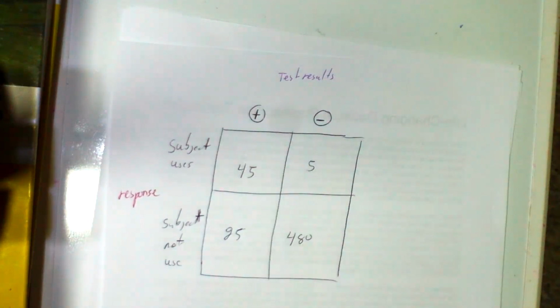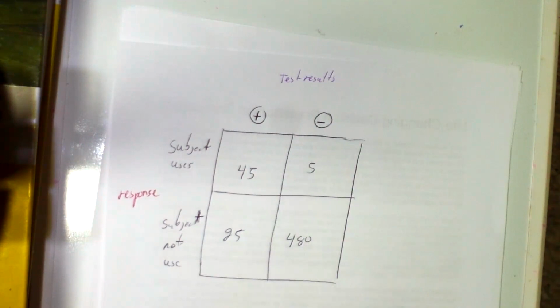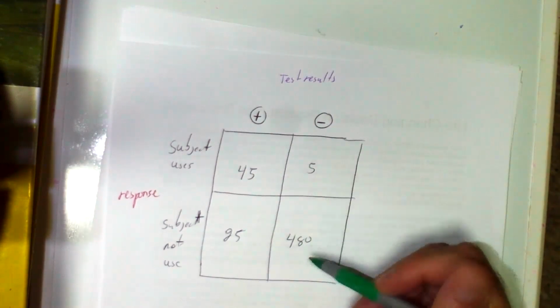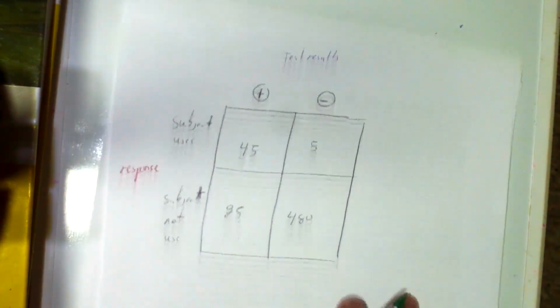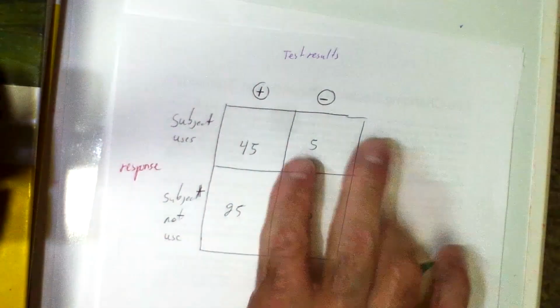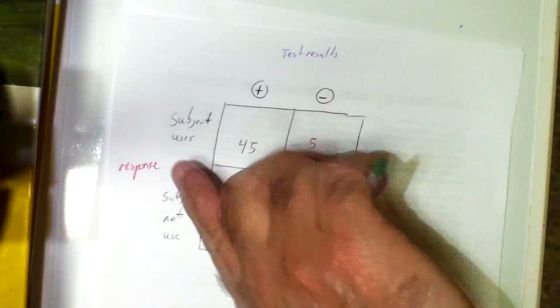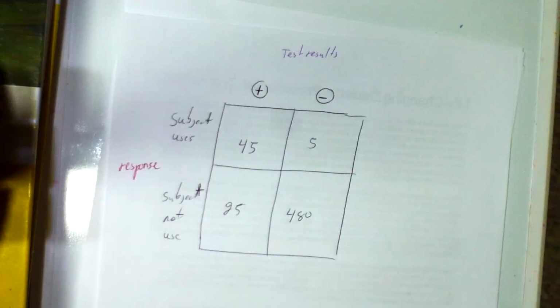All right, so once you know what these numbers mean, when you get a table like this, the first thing you do is you gotta get the totals. You want to get the totals of the columns, and you want to get the totals of the rows. So let's add them up. So you always want to do that first.